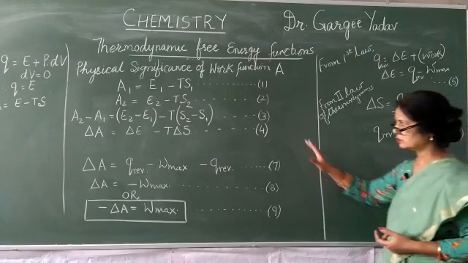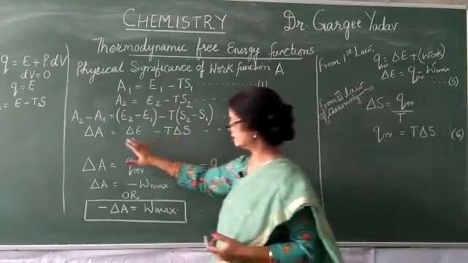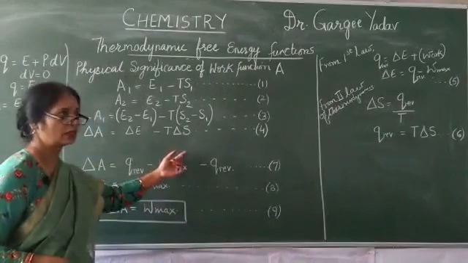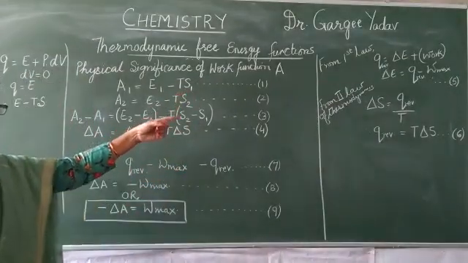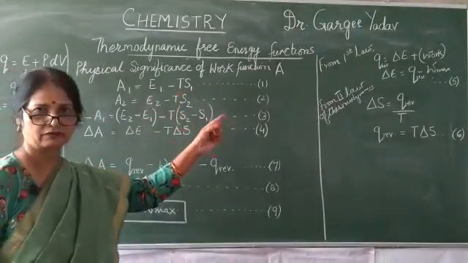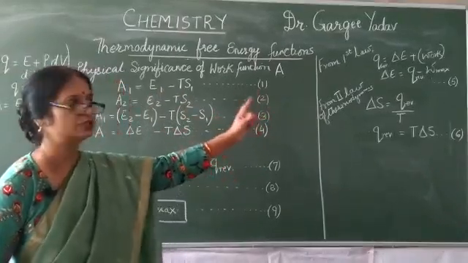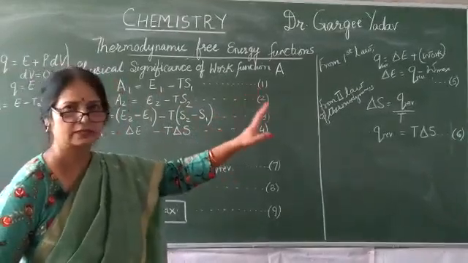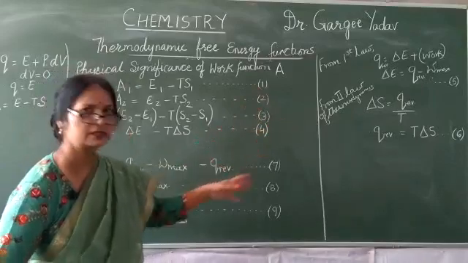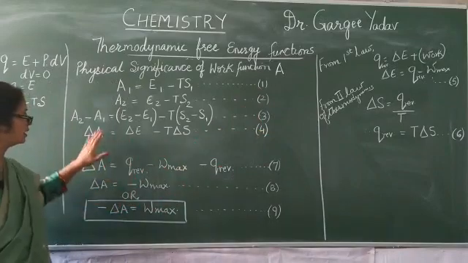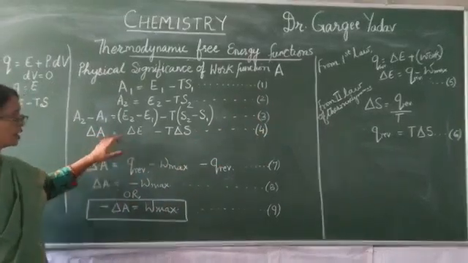Now we have this equation number 4, which has delta A is equal to delta E minus T delta S. Now from the equation we derived from the first law of thermodynamics, the change in internal energy delta E is equal to Q reversible minus W. Let us substitute delta E for Q reversible minus W in equation number 4.